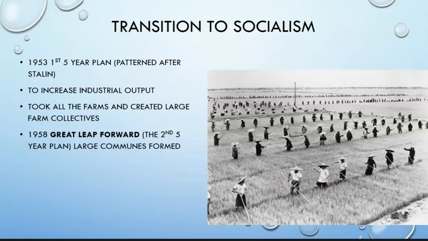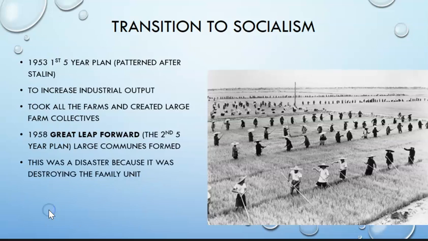And so in 1958, the second five-year plan comes to be called the Great Leap Forward. Here he'll move people from villages to large communes. Now, it ended up being a disaster in many ways.